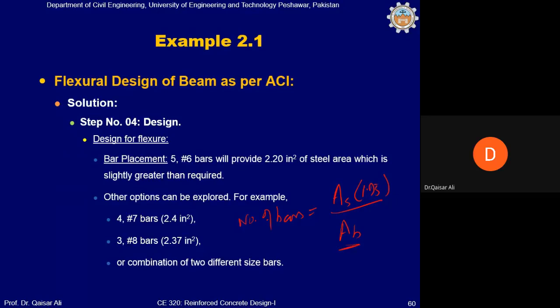Area of bar in case of number 4 is how much? 0.2. Area of 1 bar is 0.2, so 1.9 divided by 0.2 is exactly 9.75, but 9.75 bars cannot be used. We must use 10 bars.